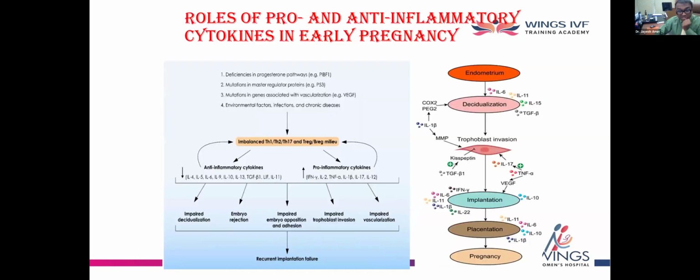Both together are responsible for the penetration of the embryo and the formation of decidualization, implantation, and placentation. If there is good placentation, with the help of all the cytokines, the pregnancy will be fruitful at the end of the day, and the output is always positive.